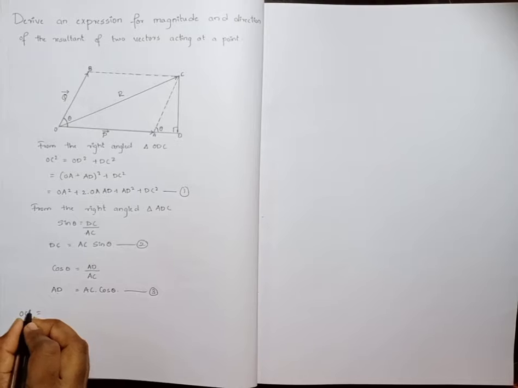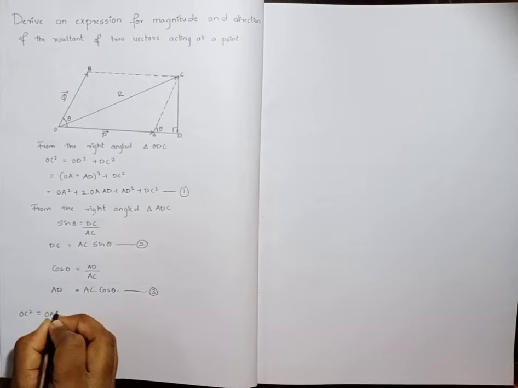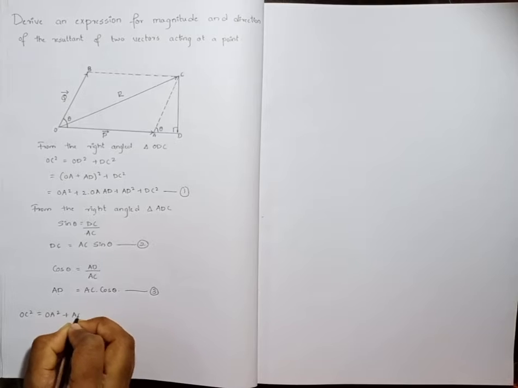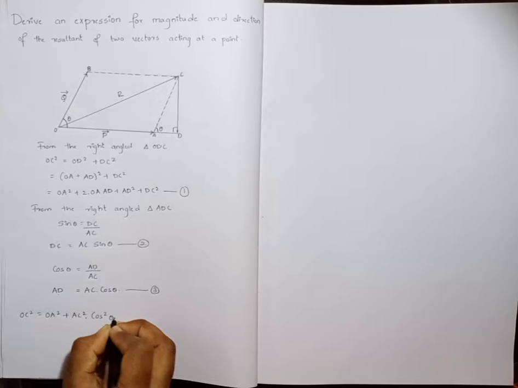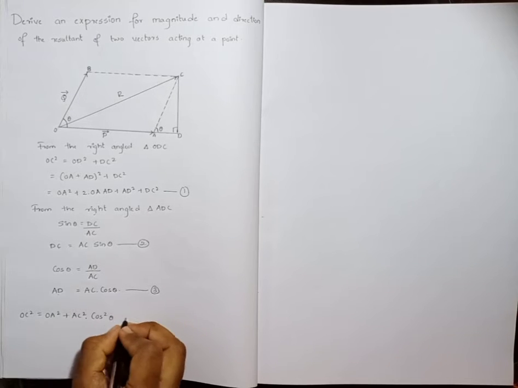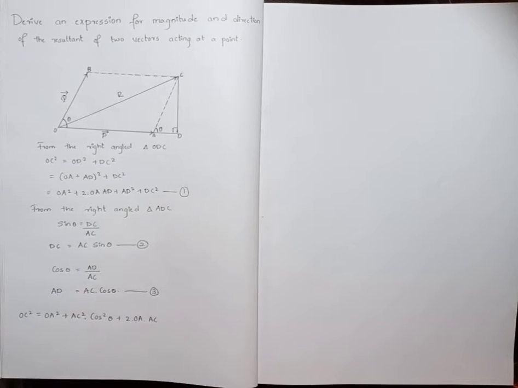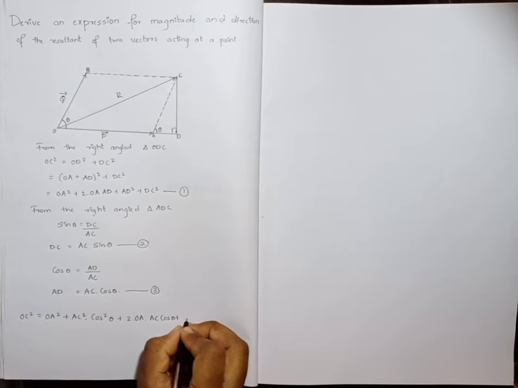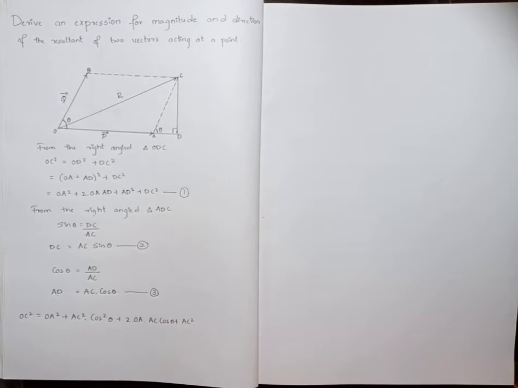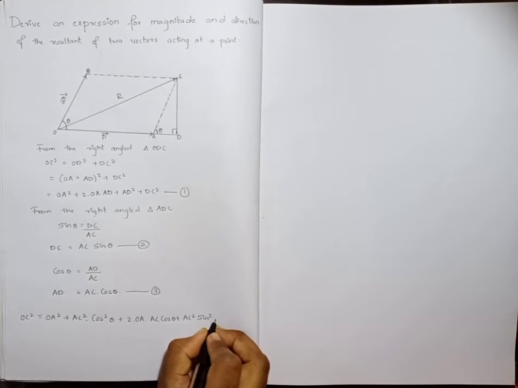OC square is equal to OA square plus AC square cos square theta, that is AD, plus 2 OA AC cos theta, again AD, plus AC square sine square theta.